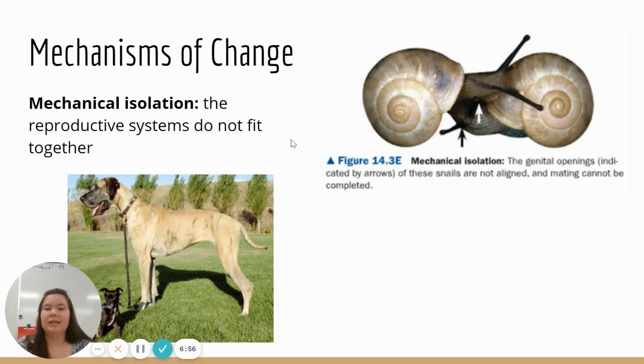So we're looking at geographic isolation, they're not in the same location. Temporal isolation, they breed at different times. Behavioral isolation, they have different cues to trigger mating. And mechanical isolation, where the reproductive systems do not fit together.